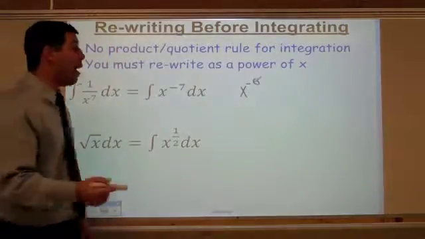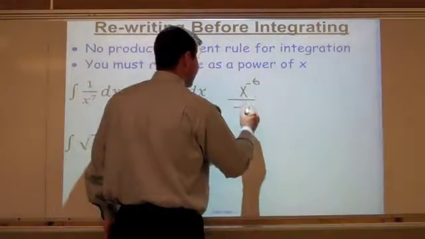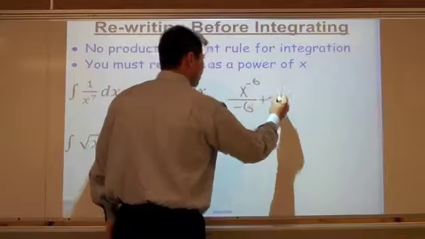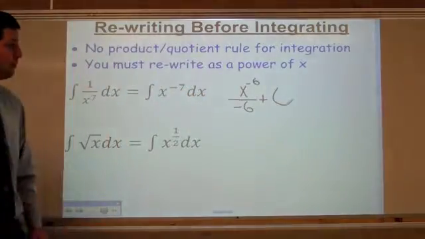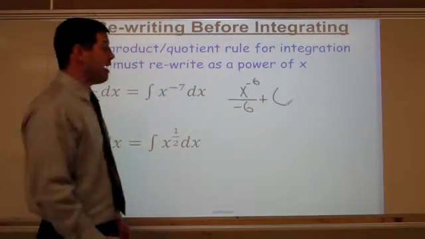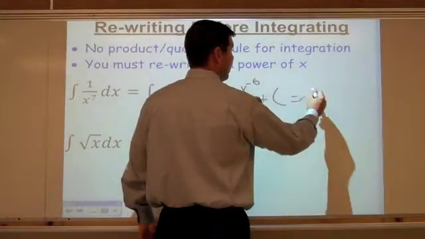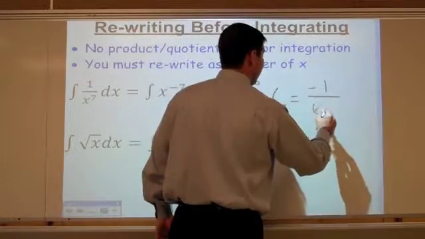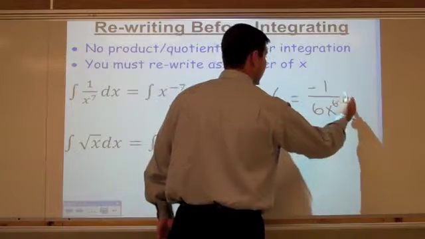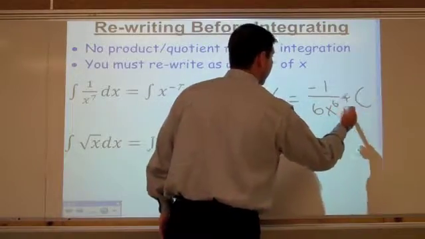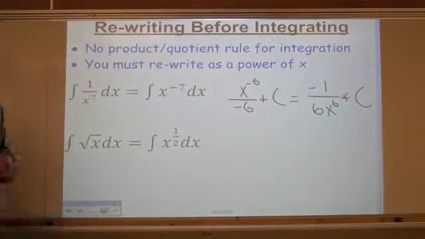Divide by your new power. Divided by negative 6 plus c. More than likely, you would rewrite this as negative 1 over 6x to the 6 plus c. Usually don't write it with the negative exponents.